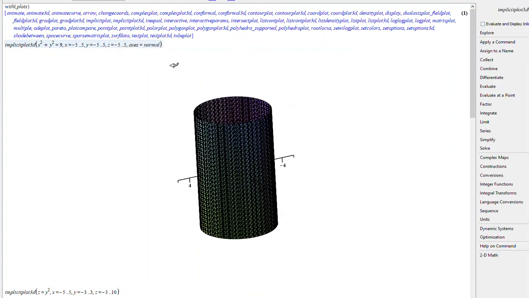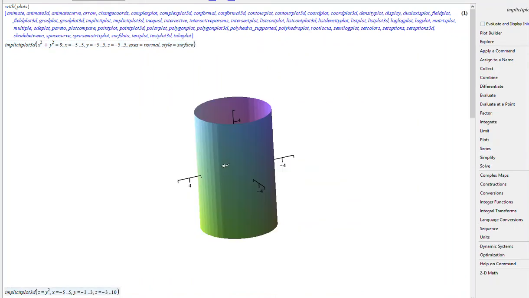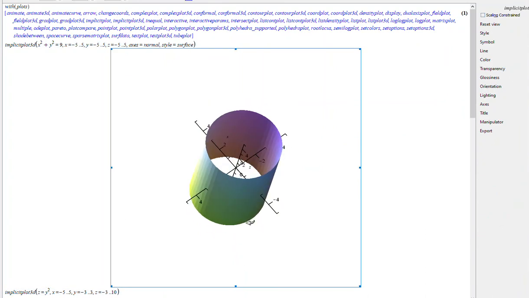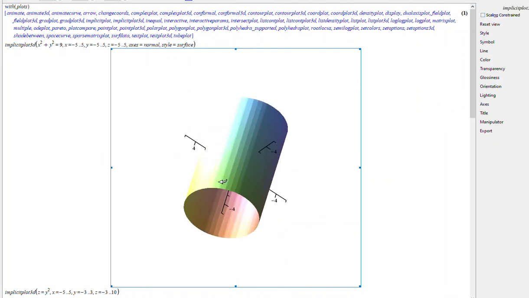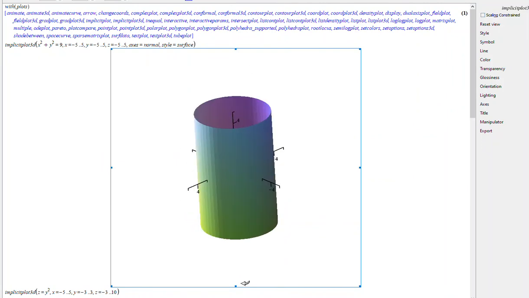Again, remember, you can play with the style. If I want to do style equals surface, I won't see the grid lines now. It'll just look like more of a smooth cylinder. Or you can use num points to get a grid, but less of a grid.